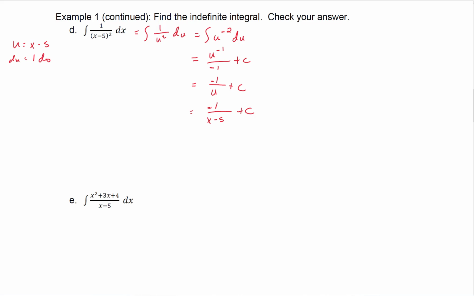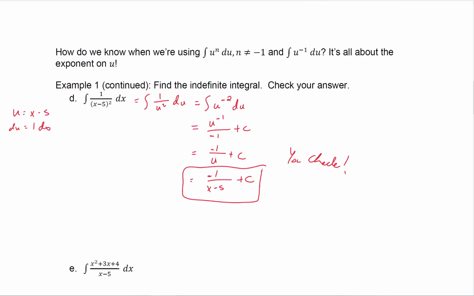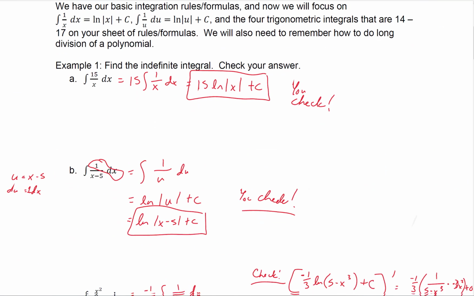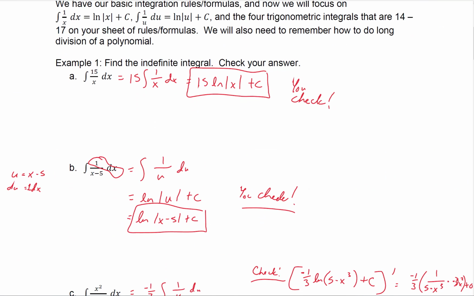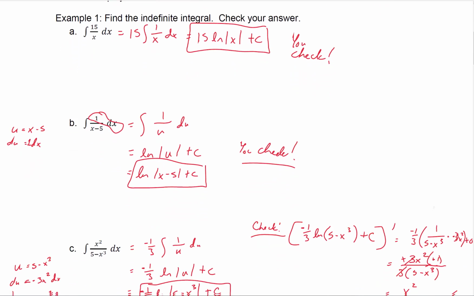And then you check it. But notice, what's the difference between this one and b that we did? On this one, we had the integral of 1 over x minus 5 to the second power dx. But on b, we had the integral of 1 over x minus 5. So notice here, this was just 1 over the blah, and we ended up with the integral of 1 over u du.